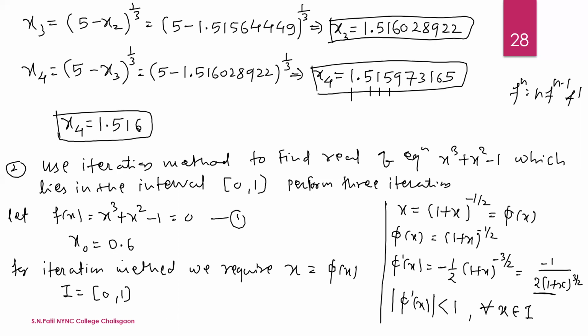Now, first we write the general formula. It can be written as x suffix n is equal to phi of x suffix n minus 1.